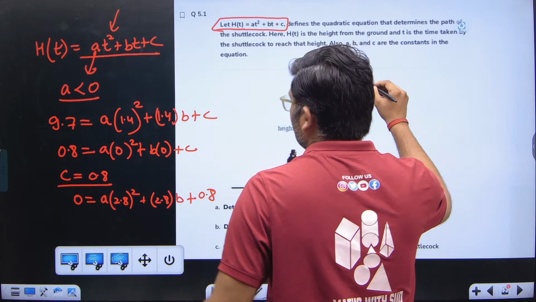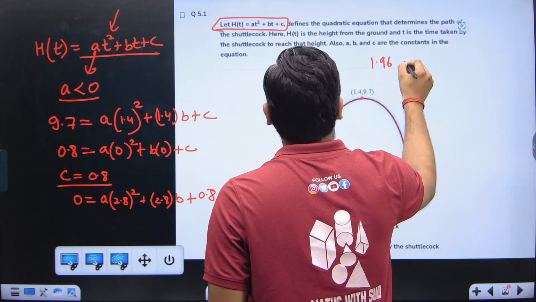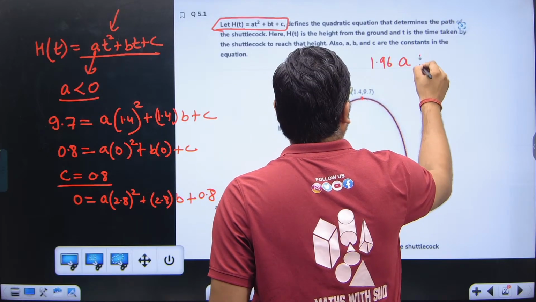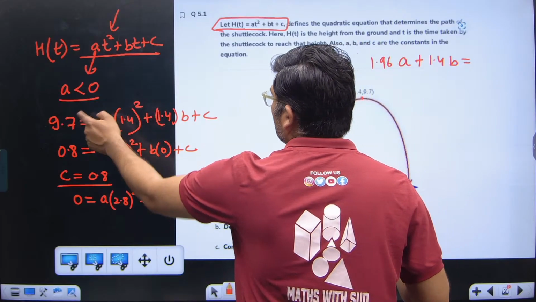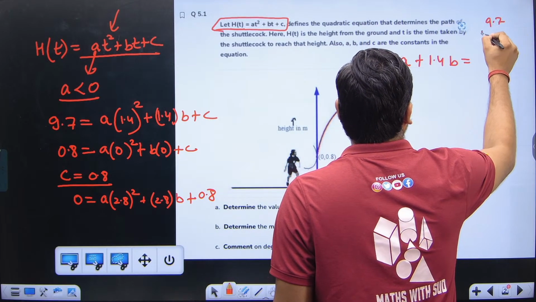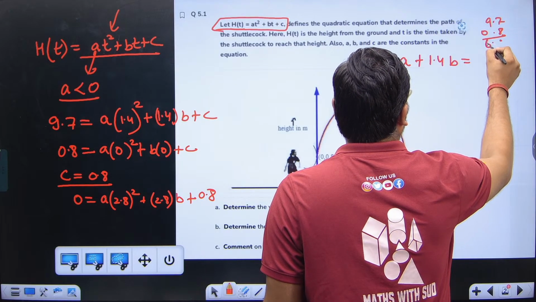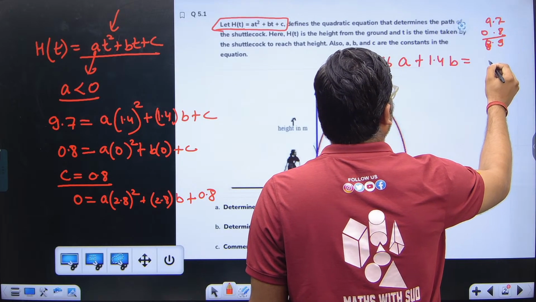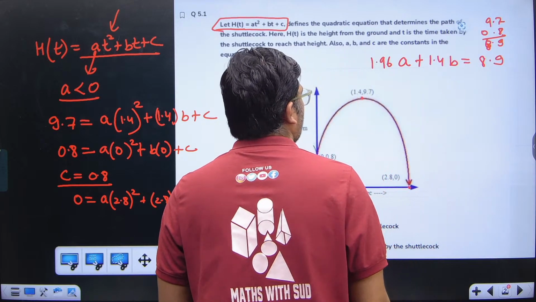So from this equation I will get 1.96 times a plus 1.4 times b is equal to 9.7 minus 0.8, which is equal to 8.9. Are you getting it?